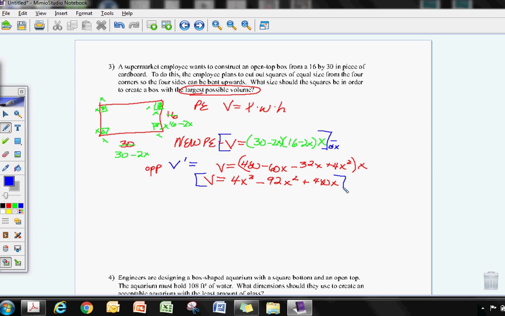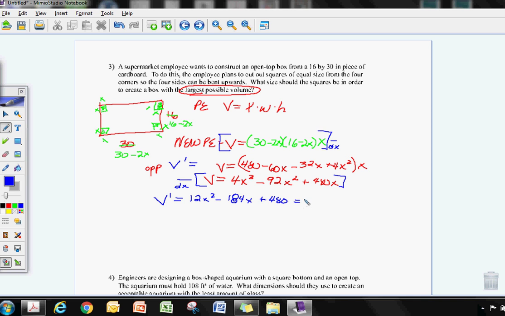I think this looks a little bit easier to take the derivative of. So volume prime is going to equal 12x squared, subtract 184x, and then plus 480. Okay, so there's my derivative.